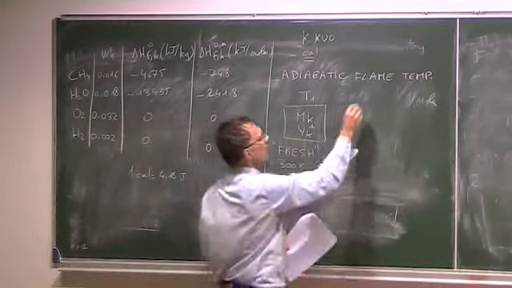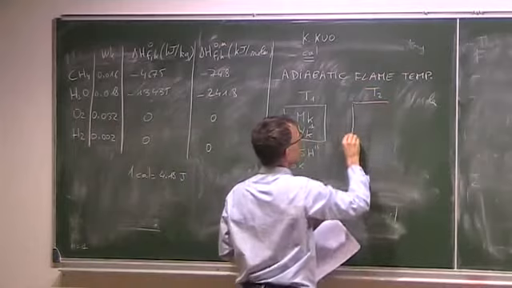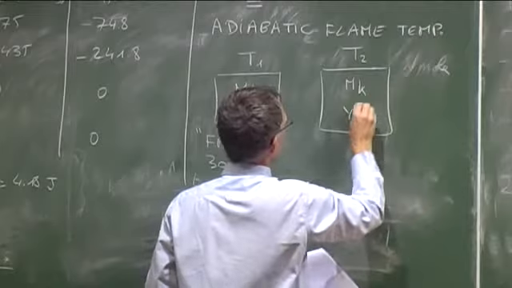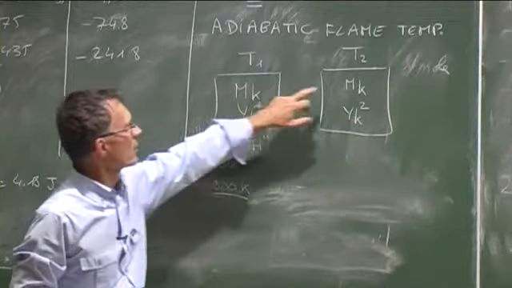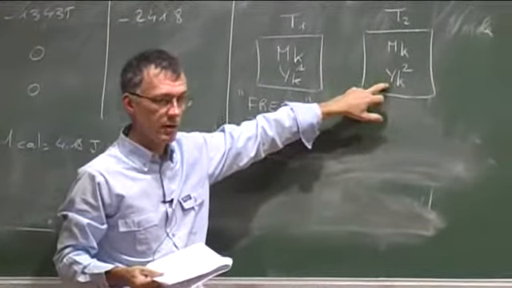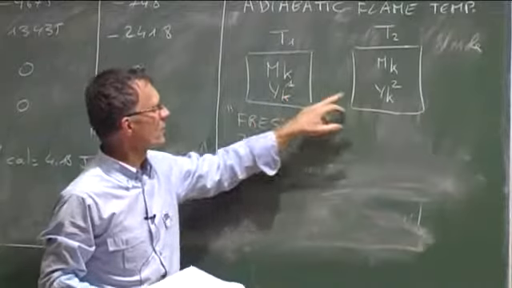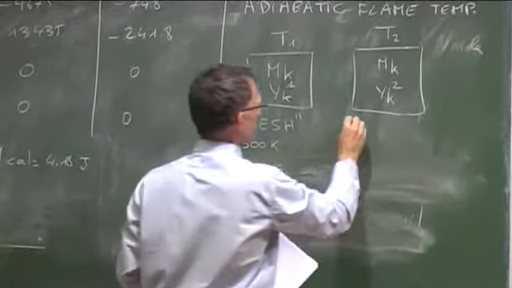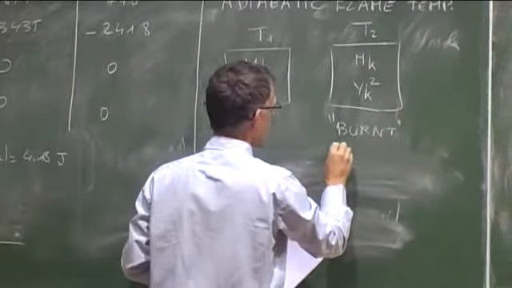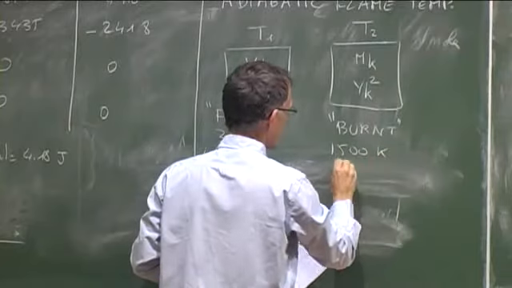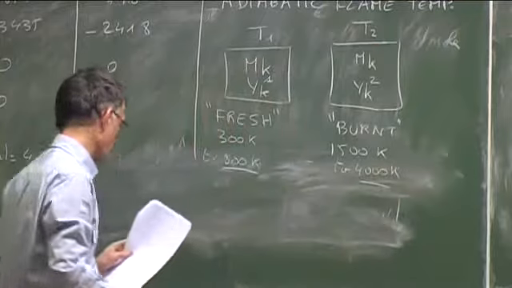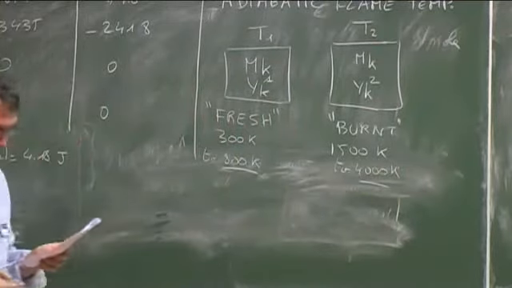What's going to be the final temperature here, T2, where we have the same species. Some of them might have disappeared, in which case they will have a 0 concentration. But then generally the YK1 is going to go to YK2. So this is going to be burnt. And burnt in combustion means, from 1500 K to 3,000, 4,000, something like this. I'll come back exactly to what the maximum temperatures can really be in combustion.